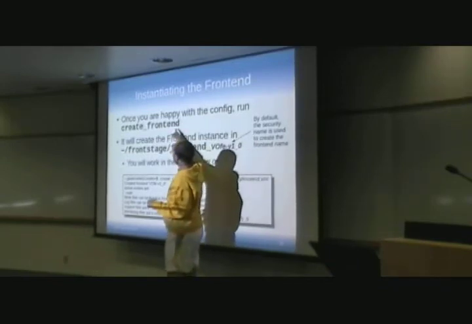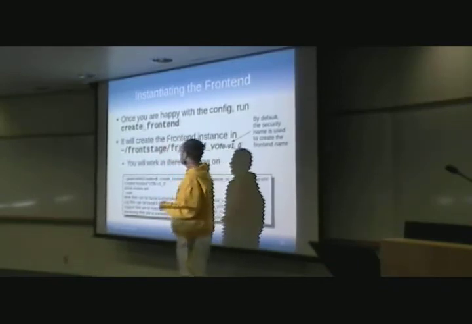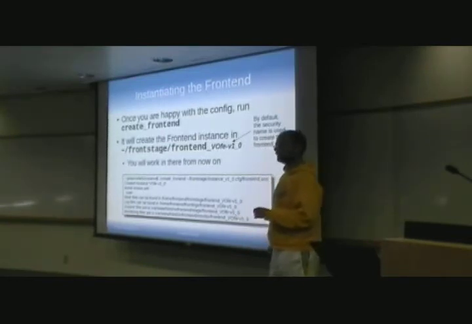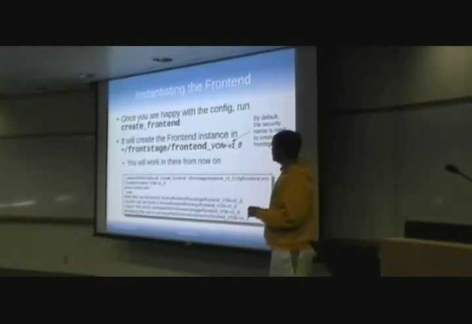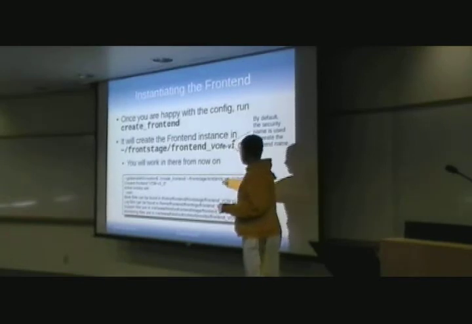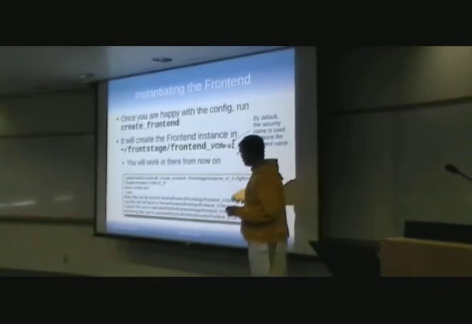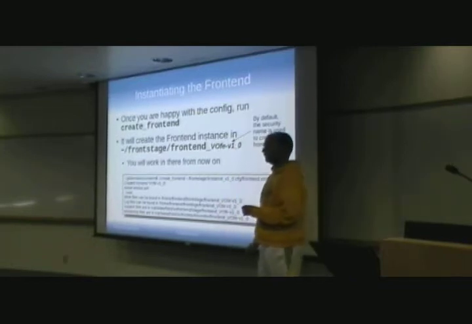So what you need to do is just run the create frontend tool that comes with glideinWMS, and tell it where to find the XML configuration file, and it will create the working directory for you.